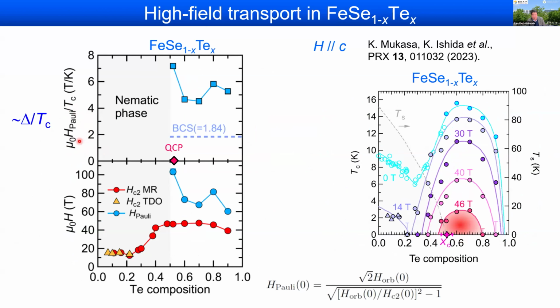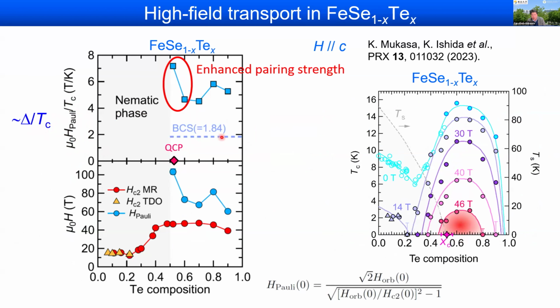From the temperature dependence of Hc2, we can estimate the Pauli limiting field, which is a measure of the pairing strength, because H Pauli divided by Tc is related to the superconducting gap to Tc ratio. It shows a very large value compared to BCS theory, and there is a tendency towards enhancement toward the QCP.